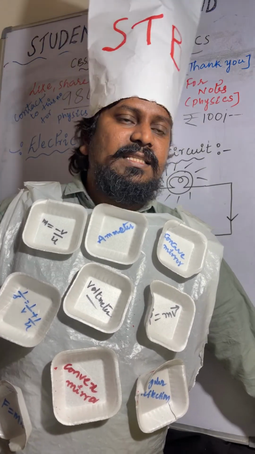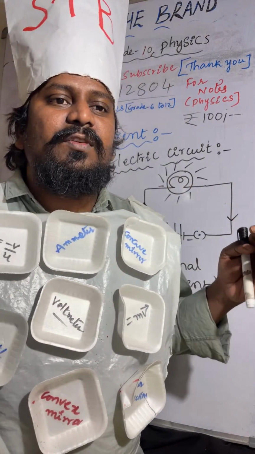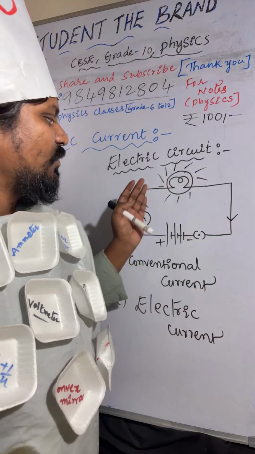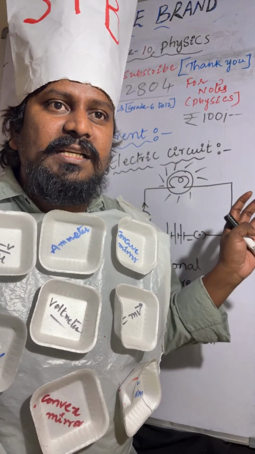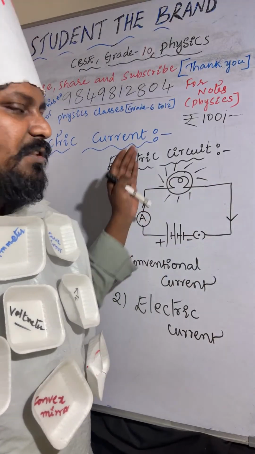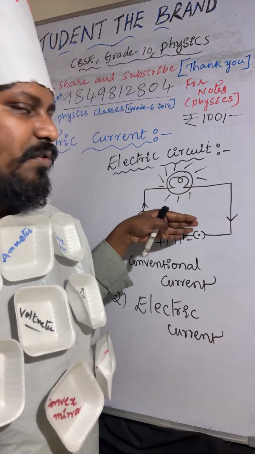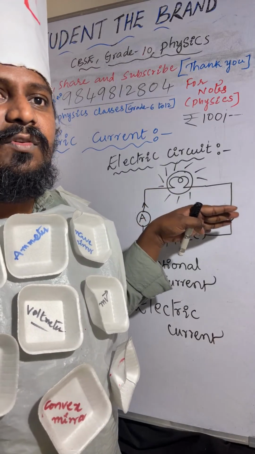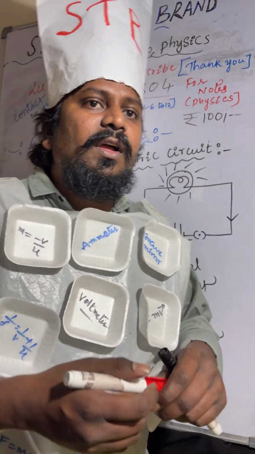One more point: positive charges move from high potential to low potential. Negative charges move from the negative terminal to the positive terminal.